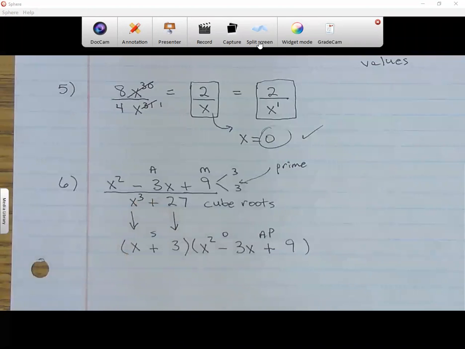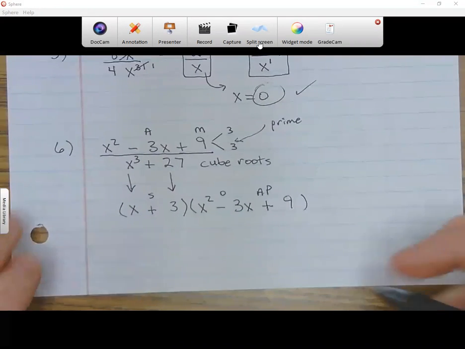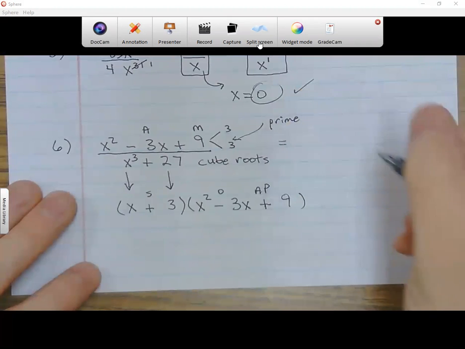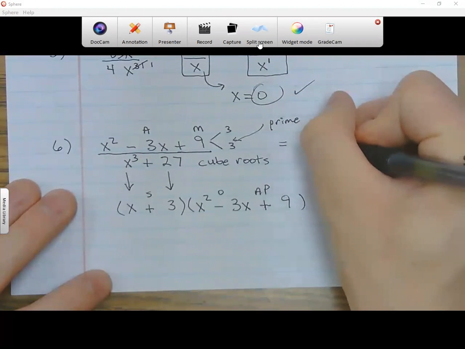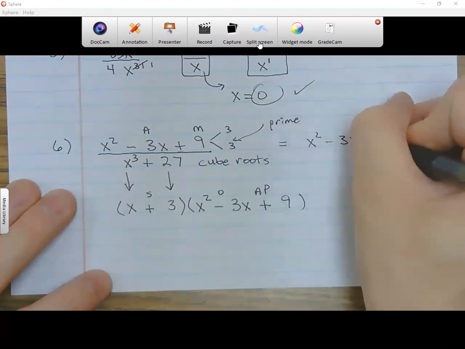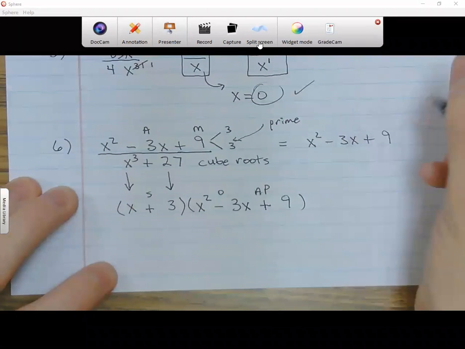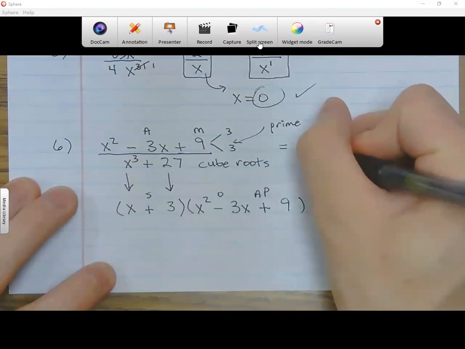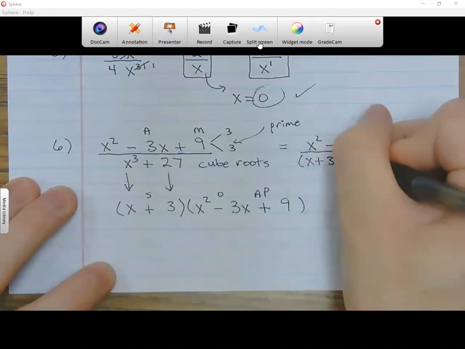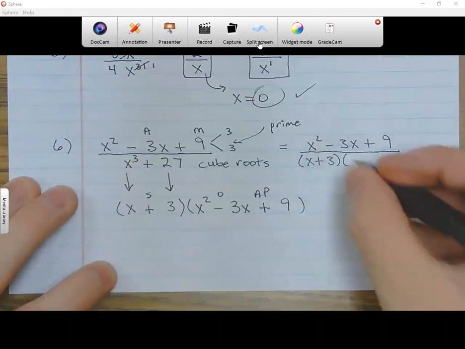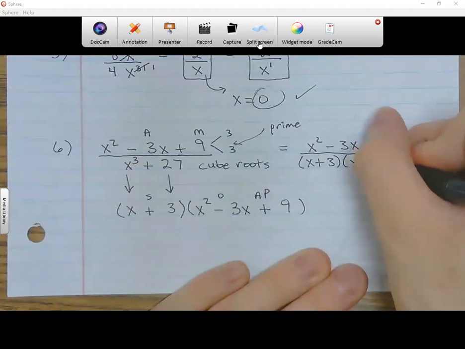So let's go ahead and rewrite this down here. What I'm going to do is keep the numerator the same. And the denominator is going to be pretty much what I just found down here: the x plus 3 and the x squared minus 3x plus 9.